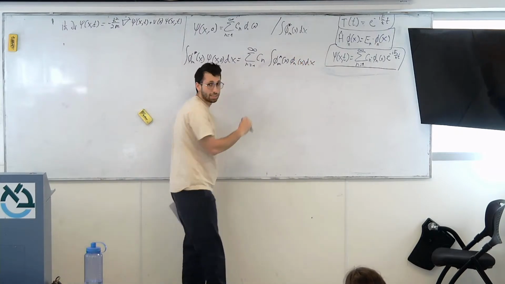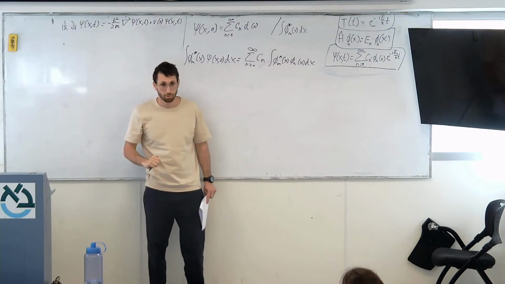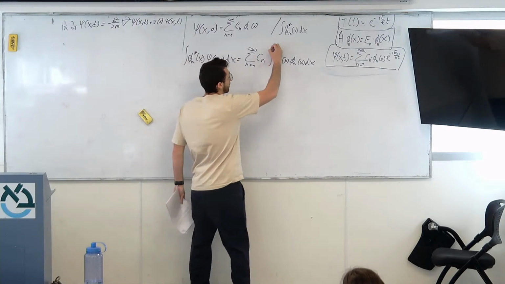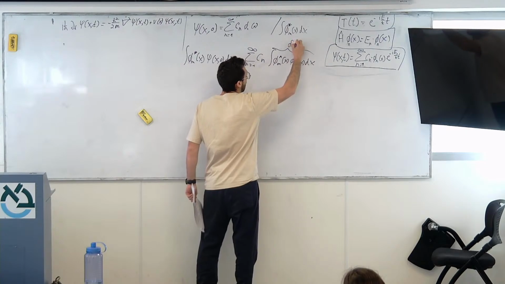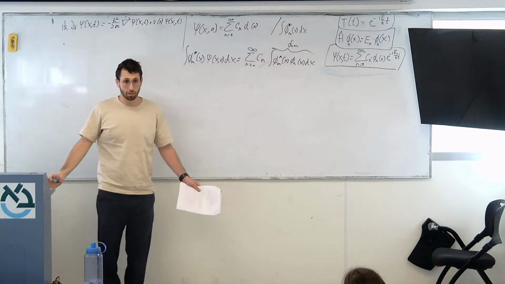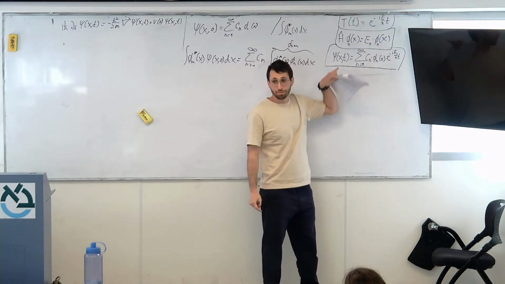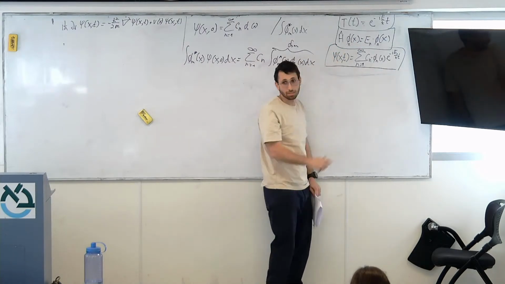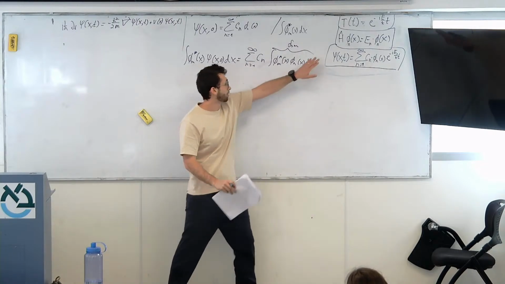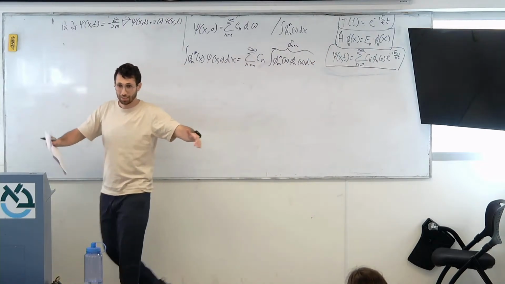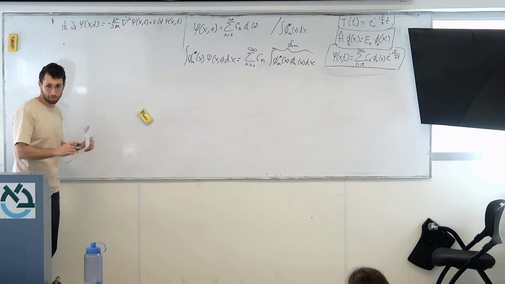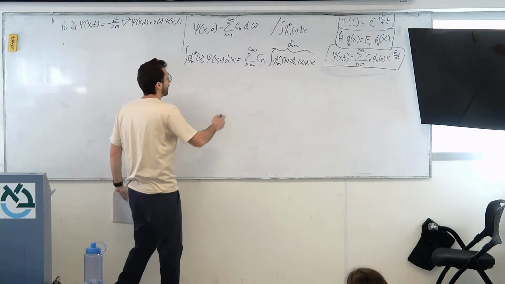This is of course a delta function, which makes this delta n m, of course from orthogonality, because I know phi m is the eigenfunction of the operator, and the operator is Hermitian, so they must be orthogonal to each other and orthonormal even.